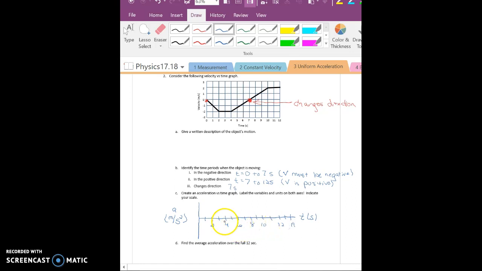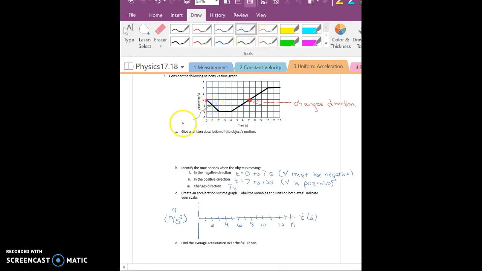Before we can decide on the vertical scale, we need to calculate the accelerations, which we will get from the slope of the velocity versus time graph.